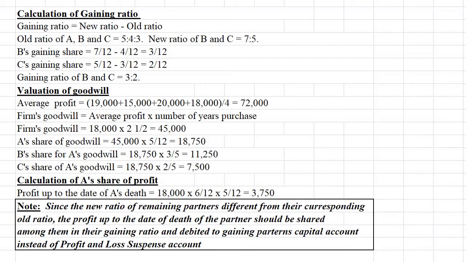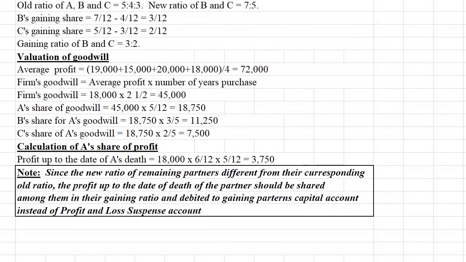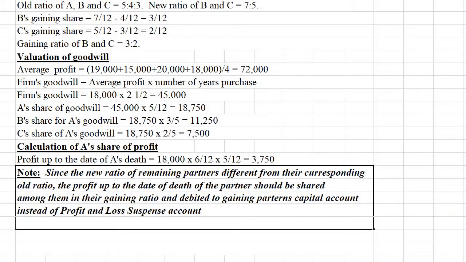Okay, so that is the case here. So instead of transferring that to suspense account, we have to transfer that to their capital account. So therefore, what is the share for A, or A share, how much will be borne by B? That we can calculate here.